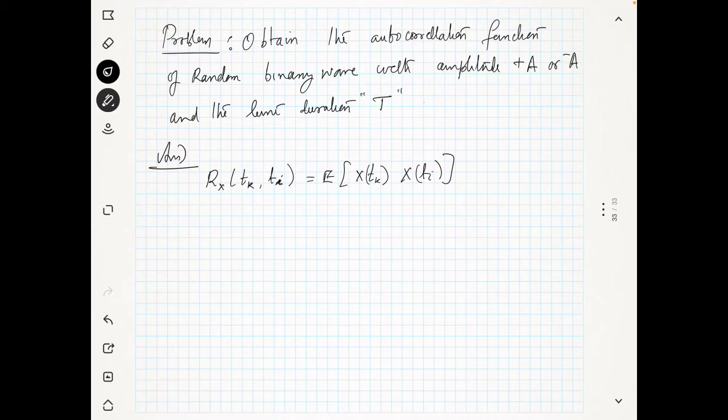And also it is given that it is a random binary wave, and each binary number is independent, okay.